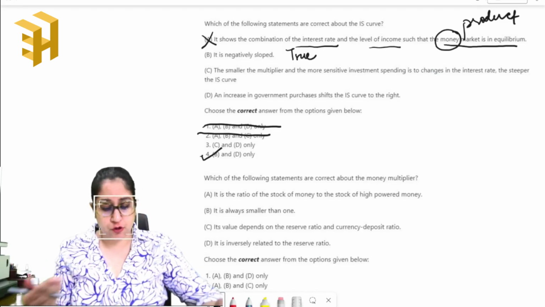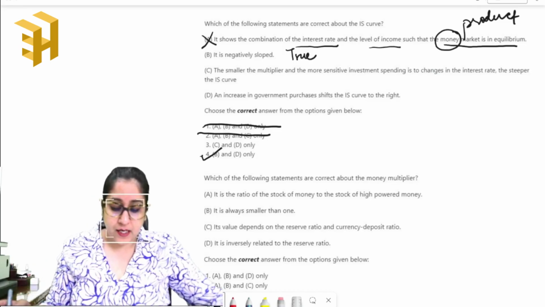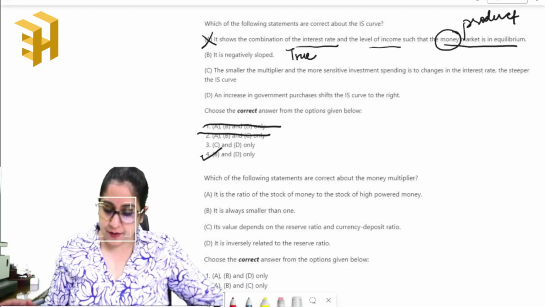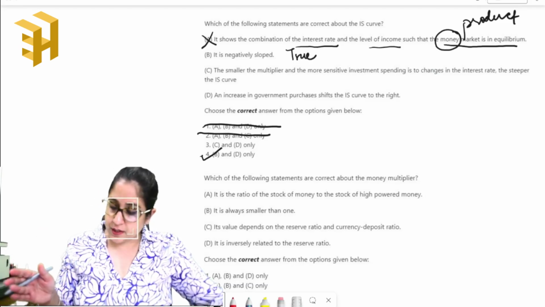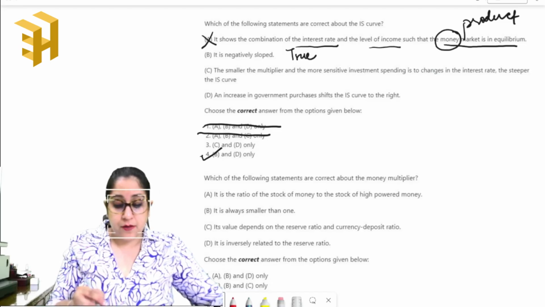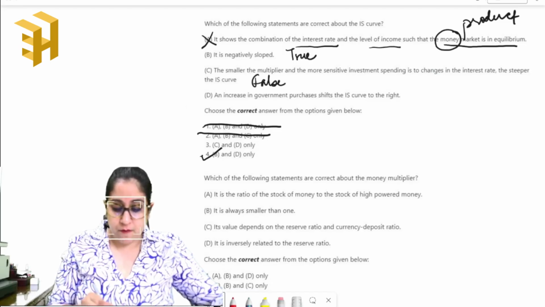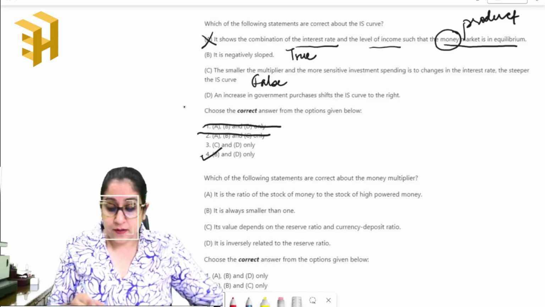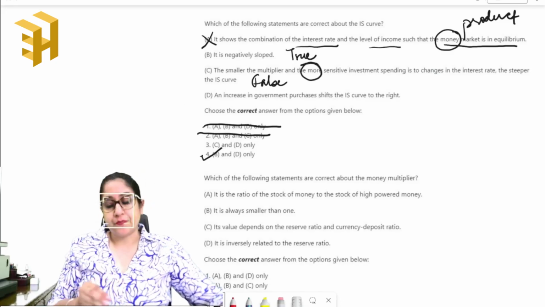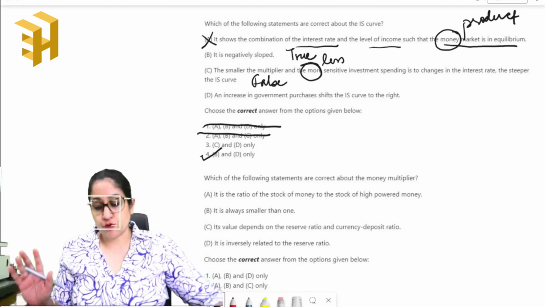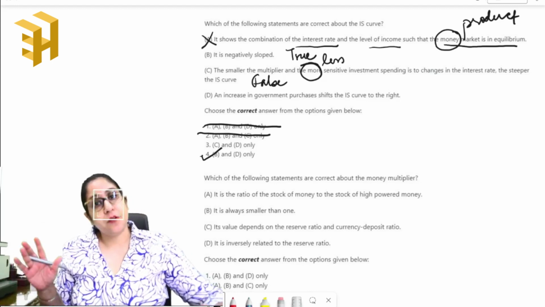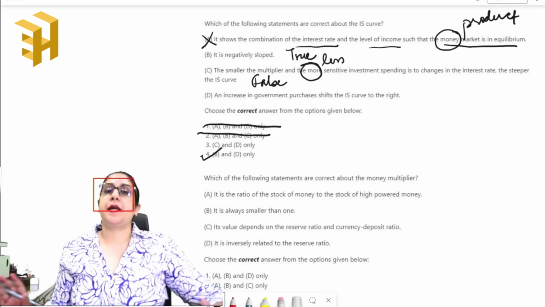But let's just go through the other statements also. The smaller the multiplier and the more sensitive investment demand is to changes in the interest rate, the steeper the curve. This is false. Why? What is the error here? This word, more. The less sensitive the investment spending to the changes in interest rate, the steeper would be your IS curve.